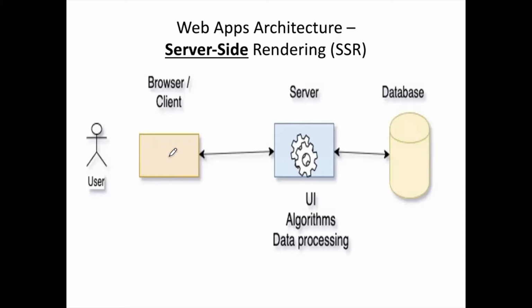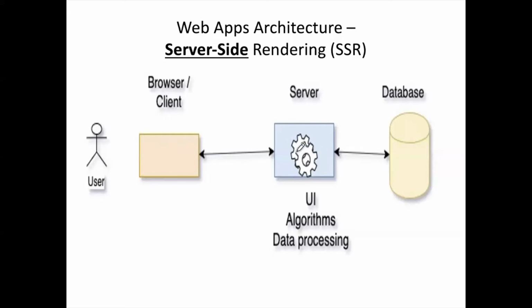If the user interacts with that page by maybe clicking a button, entering something in a text box, or selecting a drop-down menu, any type of interaction will almost immediately cause the browser to send another request back to the server, telling it what the user has done, and the server needs to decide what new user interface page should be constructed for the user.